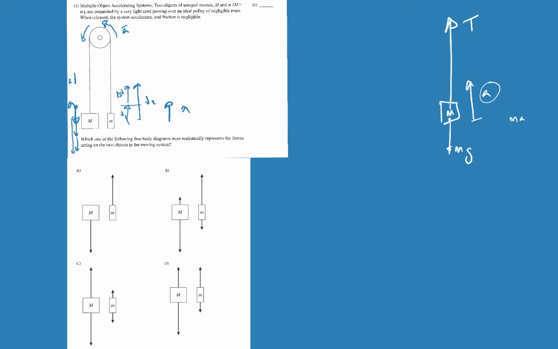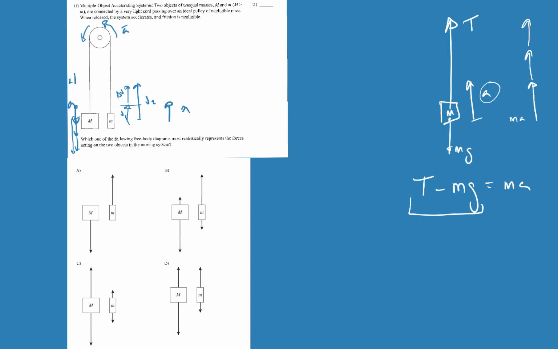M times A doesn't have to be T. The force is T going up minus mg going down. This is ma, so the sum of all the forces is ma.